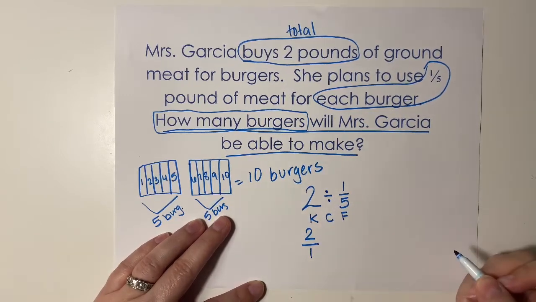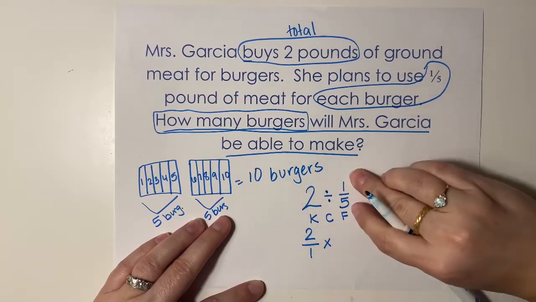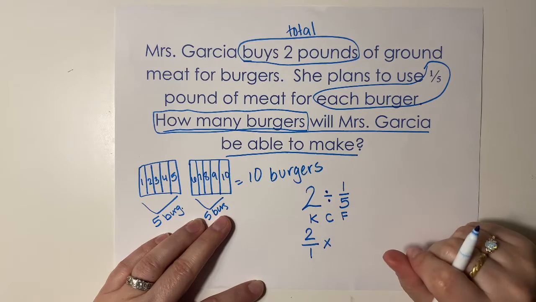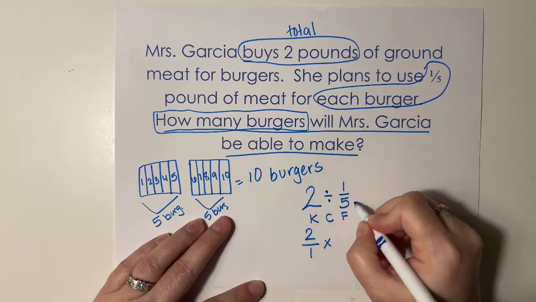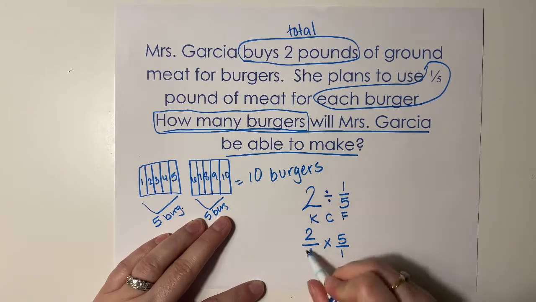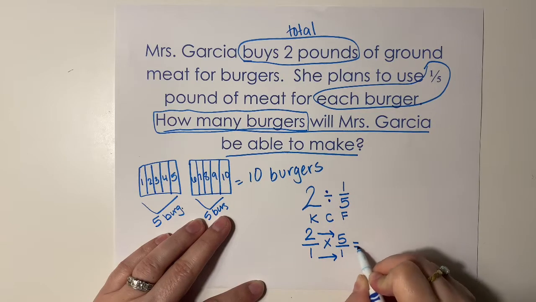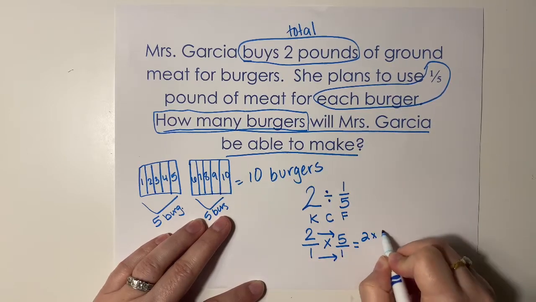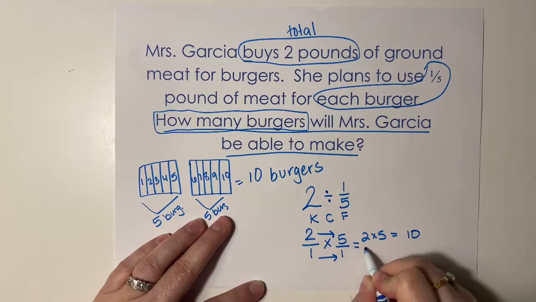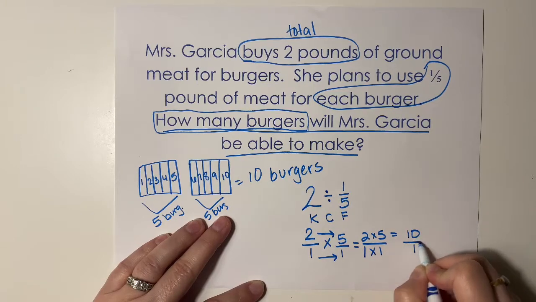And now I'm going to change my division to a multiplication, and then I'm going to flip my fraction, which is going to become 5 over 1. Now anytime I have multiplication, I get to multiply across. So 2 times 5 equals 10, and 1 times 1 equals 1.